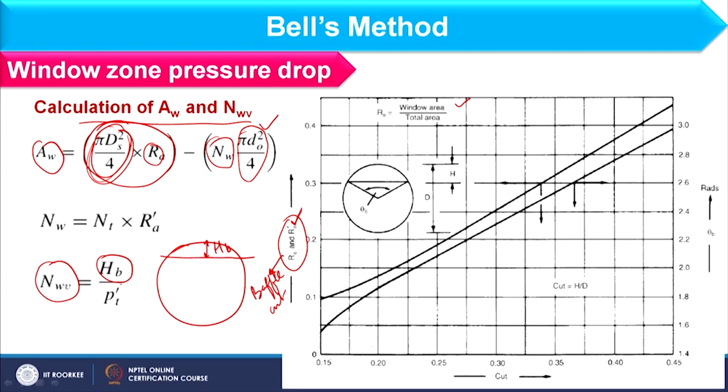Okay. HB by PT dash, and PT dash you understand, when I am having a square pitch it is equal to PT, and when I am having triangular pitch it is 0.87 into PT, right. So, in this way you can find out NWV, and now we will focus on end zone pressure drop.